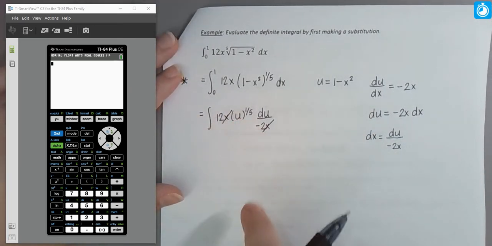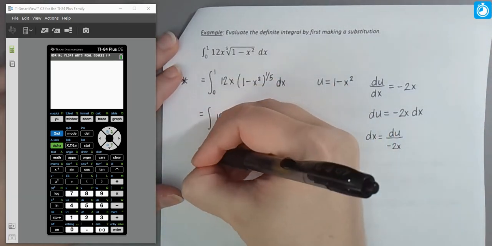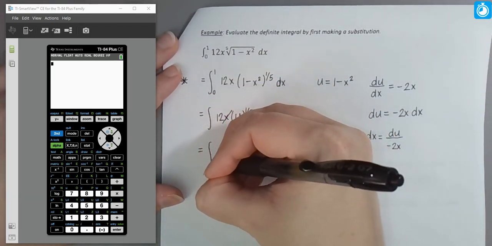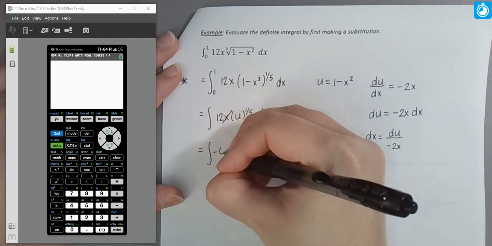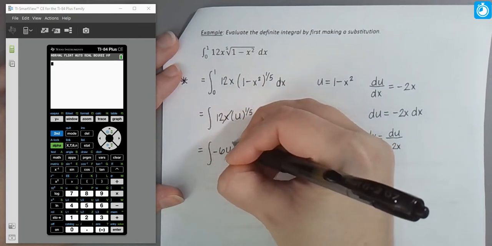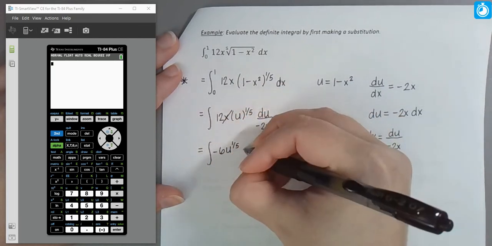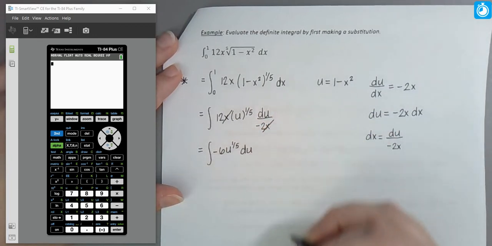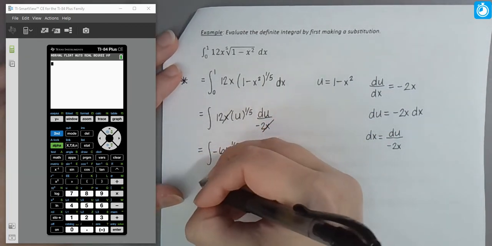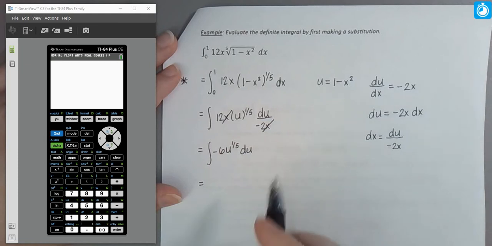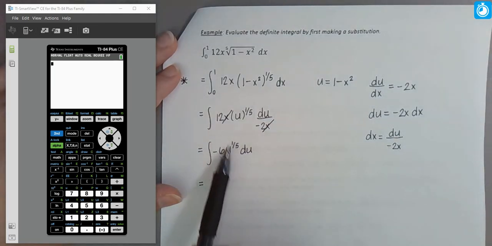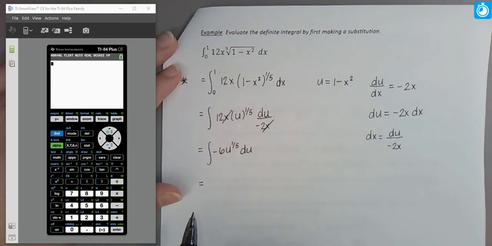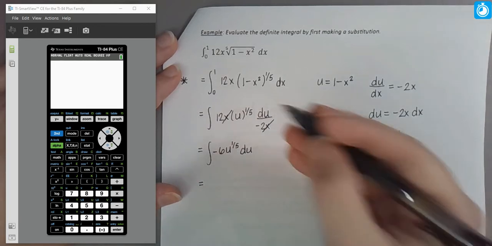So 12 divided by negative 2 will leave us with a negative 6. So when we change our variables, we have negative 6 times u to the 1/5 integrated with respect to u. And so now we can take our antiderivative using the power rule. So it doesn't matter that it's a fractional exponent. We're still going to increase that exponent by 1 and then divide by that new exponent.